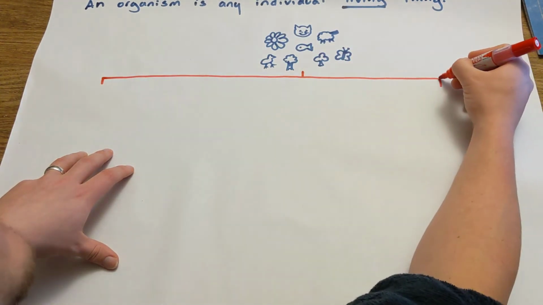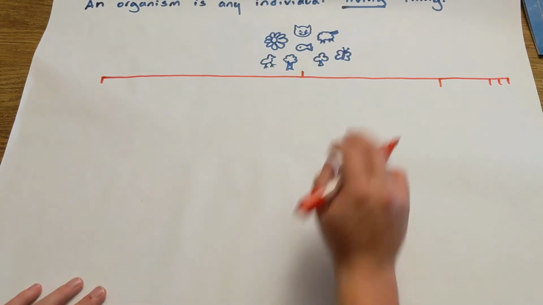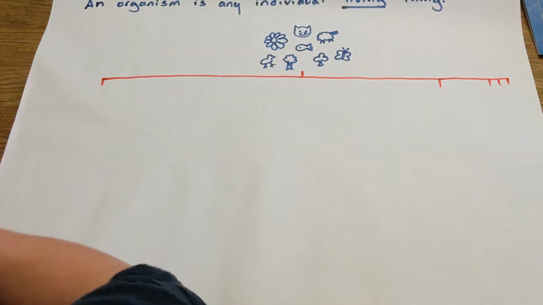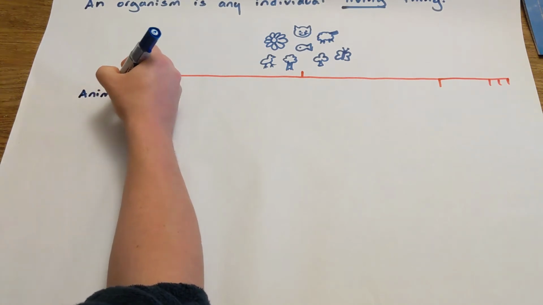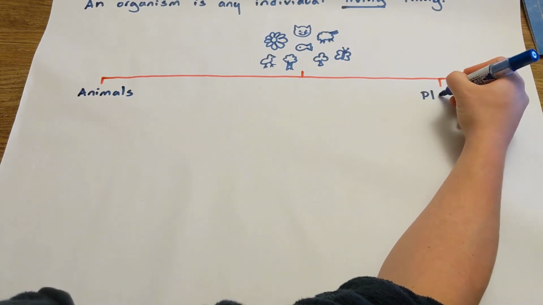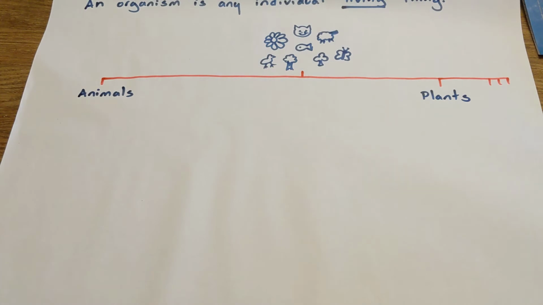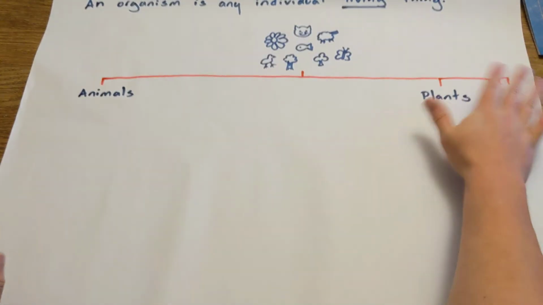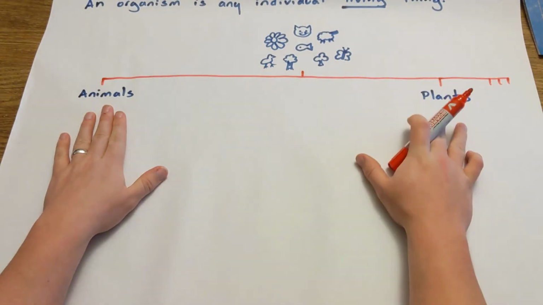We will have some others over here on the side. We're not going to talk about those, okay? The main ones we'll talk about will be animals and plants. Okay? So, ignoring all the other types, the confusing types like bacteria and fungus and things like that, our main 2 types of organisms are animals or plants.